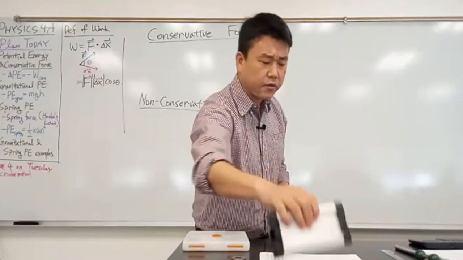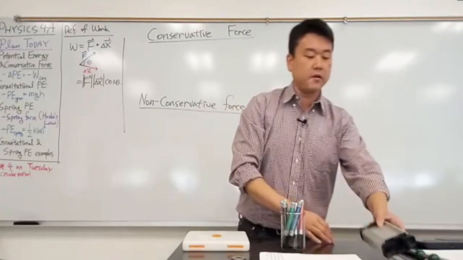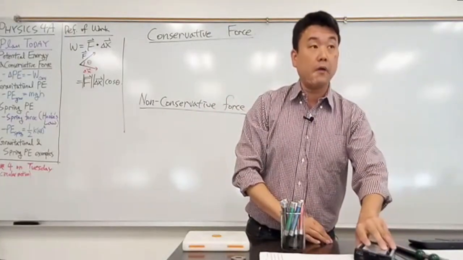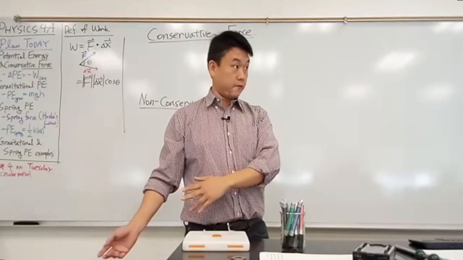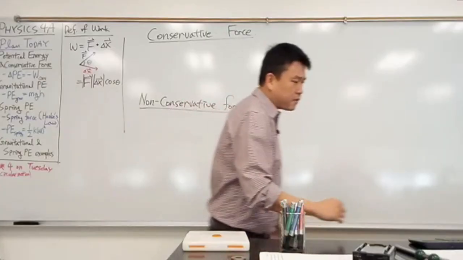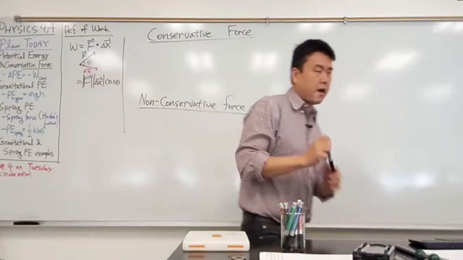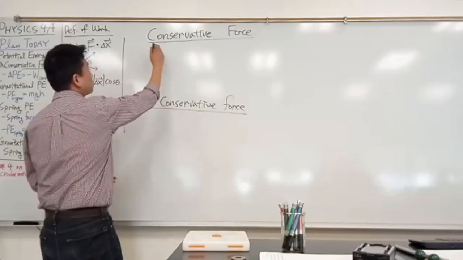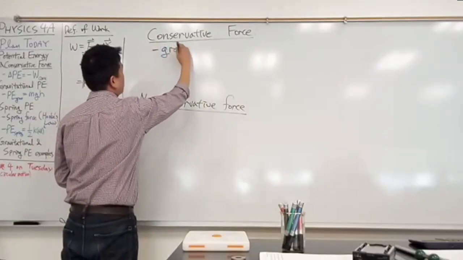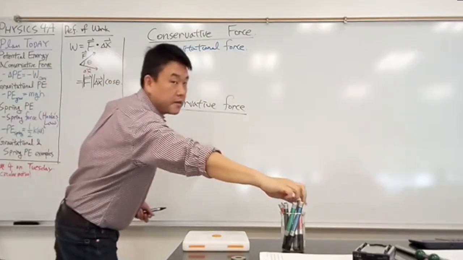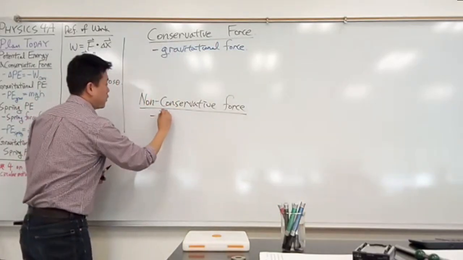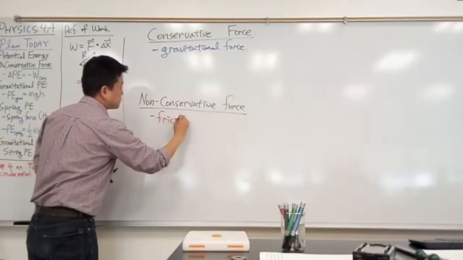We ran out of time, so we didn't have time to talk about what makes a force conservative or non-conservative. Good. So let me write down those two examples on the board so that we have something concrete to think about. Gravity is an example of conservative force, and friction is an example of non-conservative force.